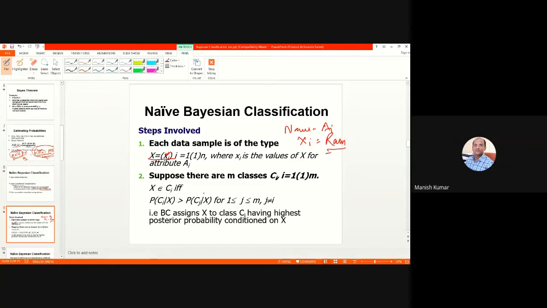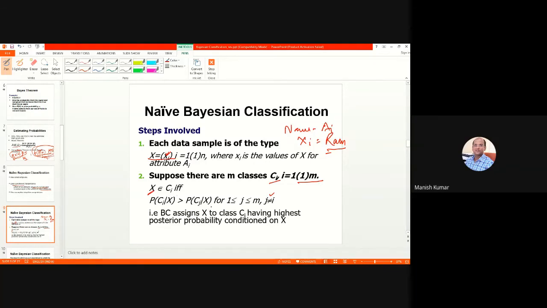This way it goes on. Now I'm assuming that there are m classes. So what you look for is that the unknown sample X belongs to class Ci if and only if P(Ci|X) is greater than P(Cj|X), where j moves from 1 to m and j is not equal to i.